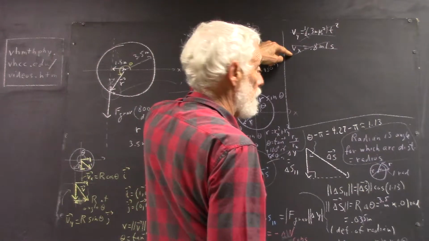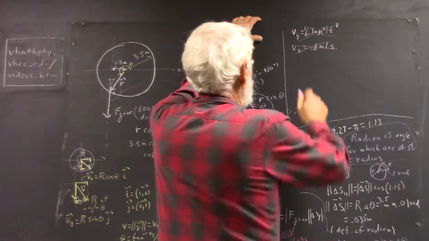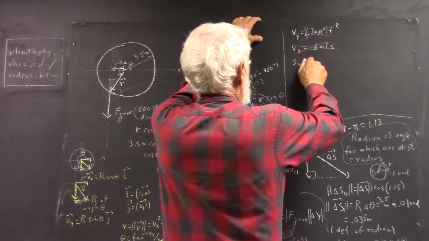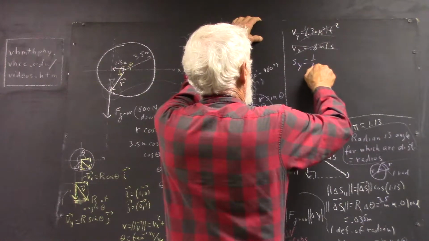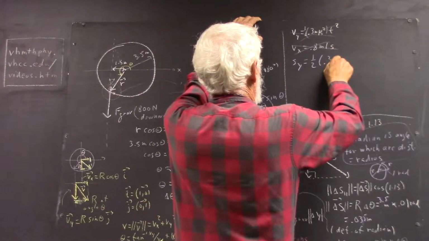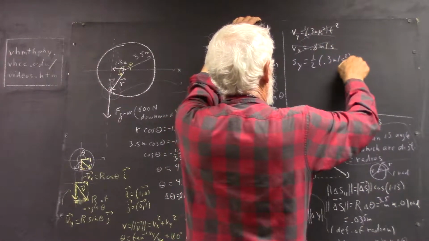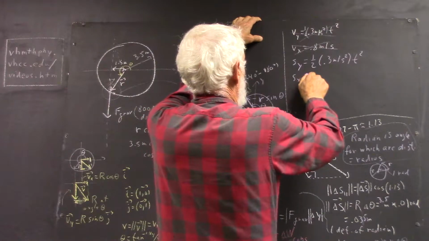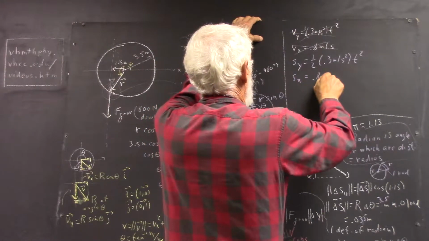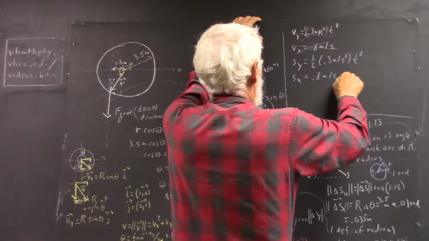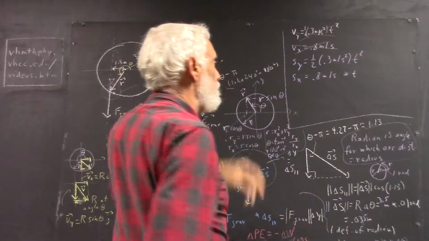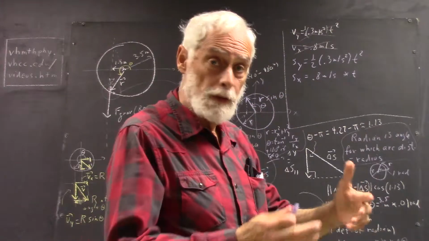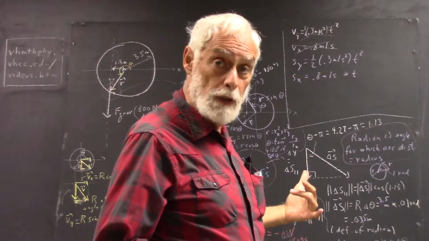Now this is actually right, but what I really intended to write was that your y position is 1/2 of 0.3 meters per second squared times t squared, and your x position could be 0.8 meters per second times t.